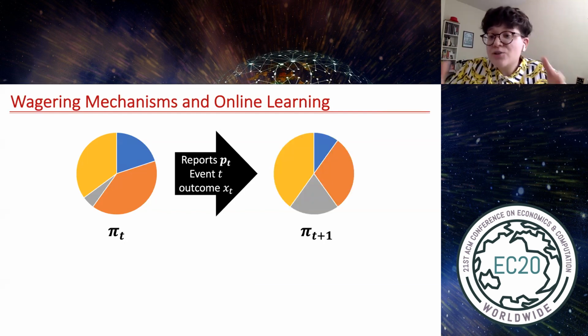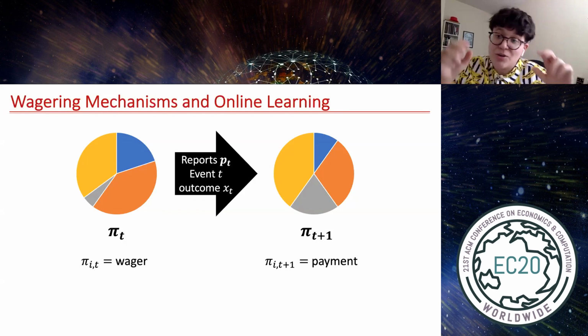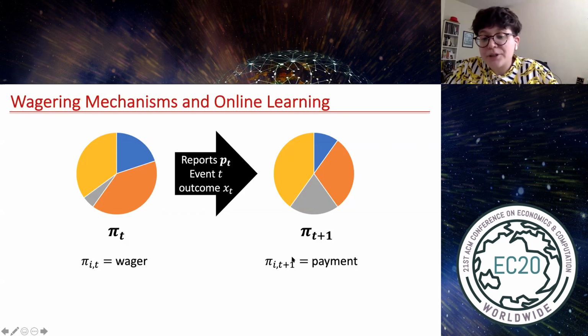And then you redistribute the probability among these experts. And I hope that my language made it clear to you that you could actually view the original probability distribution as the wagers that the agents, quote unquote, give you, and the probability distribution at the next round as the payments that you give back to these agents once the mechanism is completed.